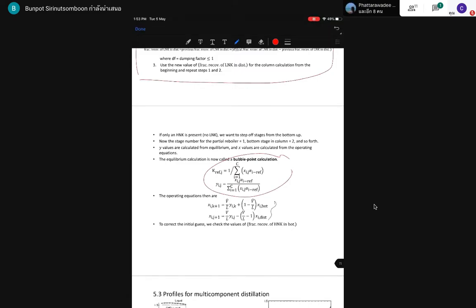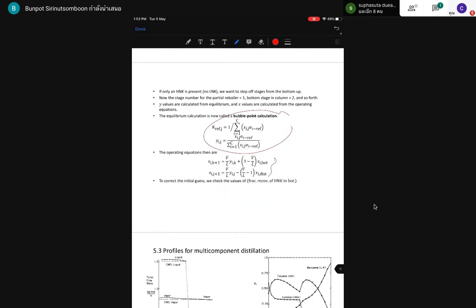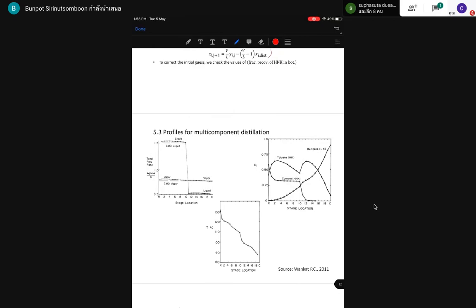The concept is still similar to before: you keep doing the calculation stage by stage, changing from equilibrium to operating to equilibrium to operating. And this profile just shows what's going on inside the column.